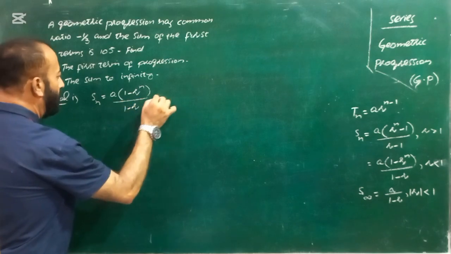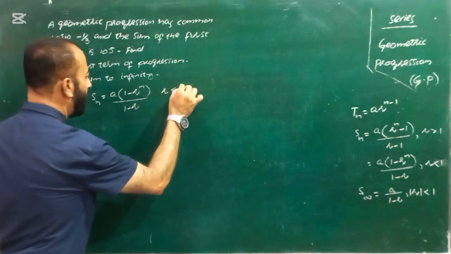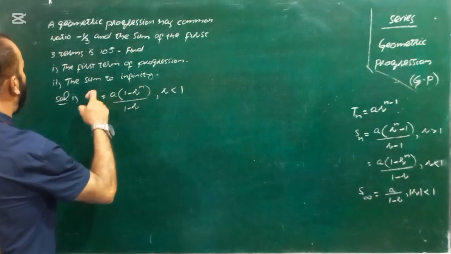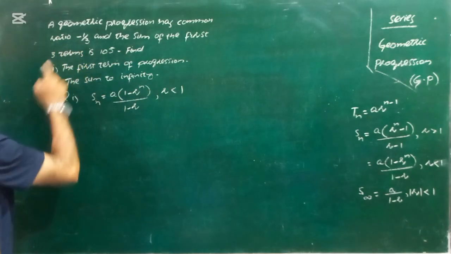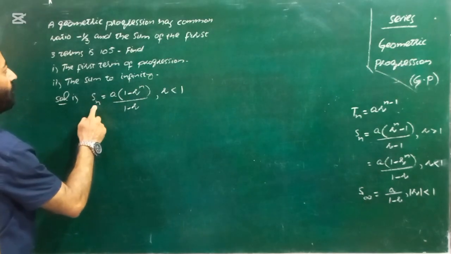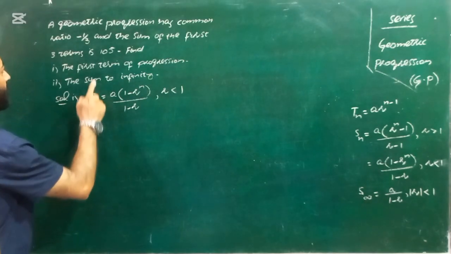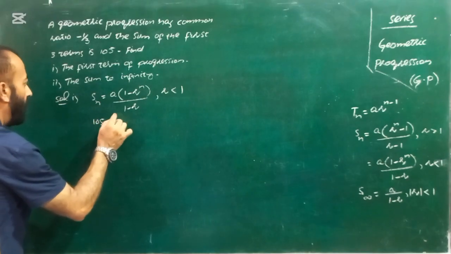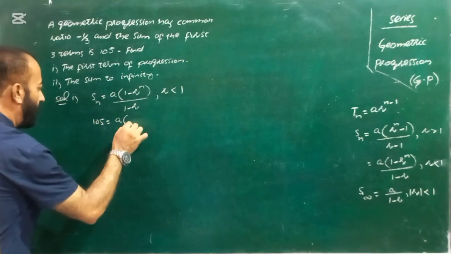This formula will be used because r is minus 1 by 3, which is less than 1. So the sum of the first three terms is given, that is 105. So 105 will be placed here. A is missing, that is required.